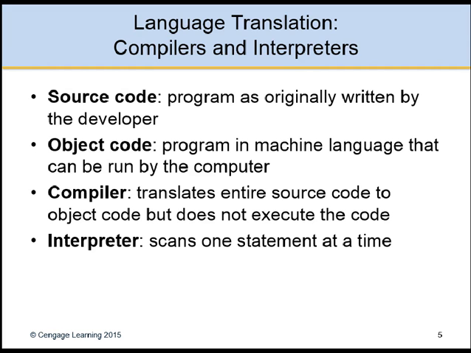It scans for syntax errors and generates an error message if it finds one. In contrast, an interpreter scans one statement at a time in your program. If error-free, it interprets that statement and executes it. It goes through the program until an error or the end of the program is encountered.